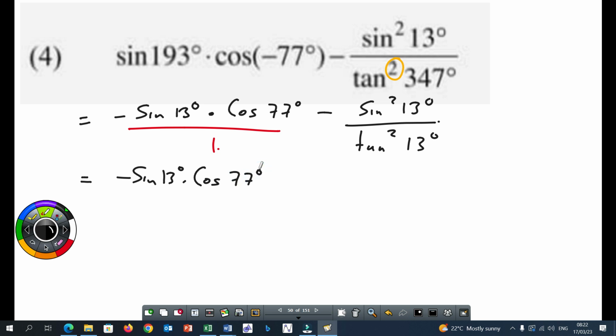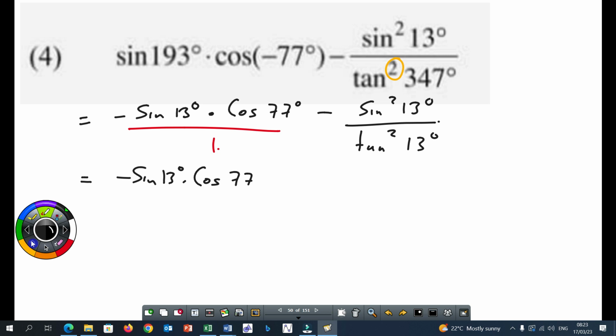Well, I could convert this cos 77 to a co-ratio as well. Okay, I think that would make it a little bit simpler. Then I'll end up creating minus sine squared. Let me go over that route. But please be aware that finding the LCD, which is what I wanted to do, will also get me to the answer. So I kind of struggled for choice in terms of which route I should take.